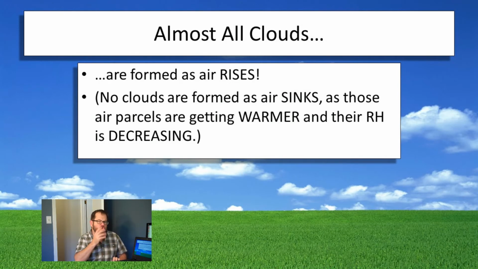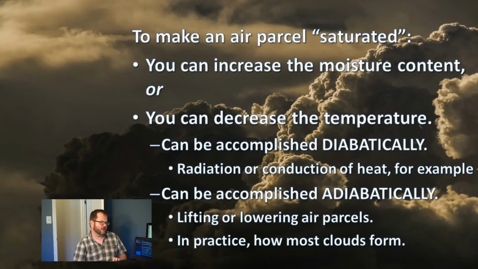No clouds are caused by sinking motion in the atmosphere, but there are other ways to get the air parcel cool enough that you have saturation. But 99 times out of 100, if you see a cloud up there in the atmosphere, it means that there is either rising motion going on right now, or there just recently was rising motion and it recently stopped. Very few exceptions to that rule. That'll be helpful to you when we're learning about clouds in the next lecture. Actually, I think it's two lectures from now.